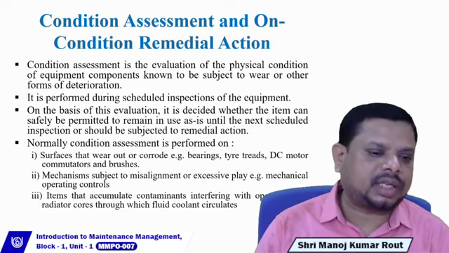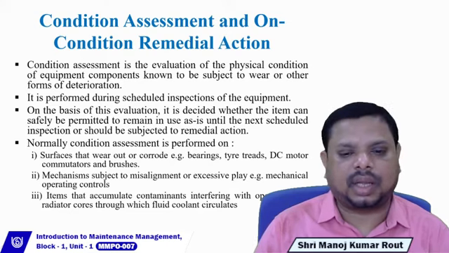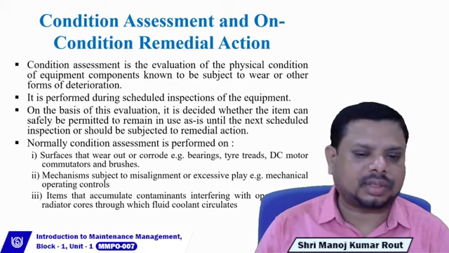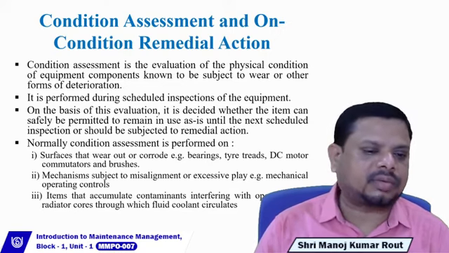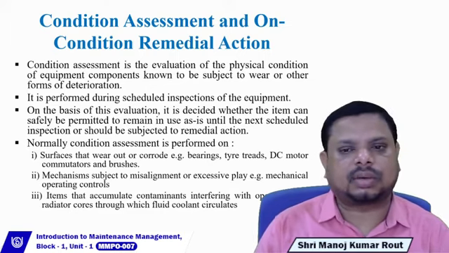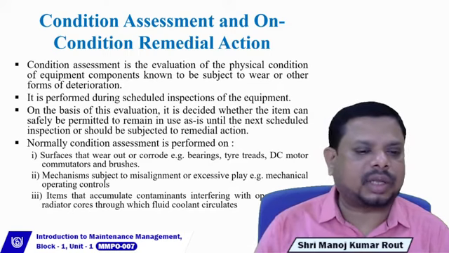The next is mechanisms subject to misalignment or excessive play in mechanical operation, for example the drive shaft in engines and gearboxes and other movable parts. If it is not properly aligned, it will go into excessive play.